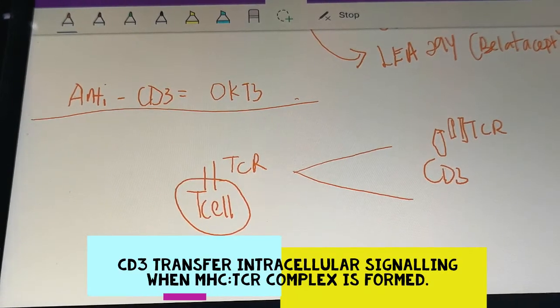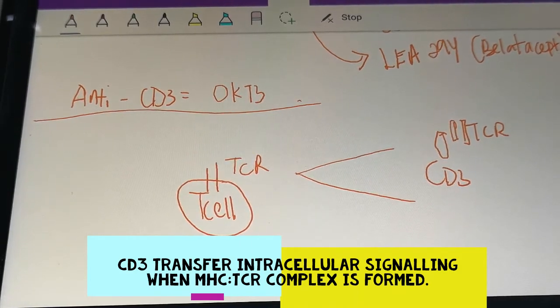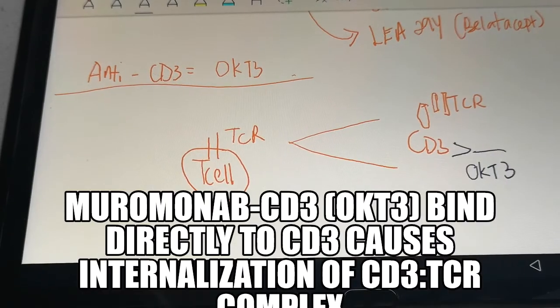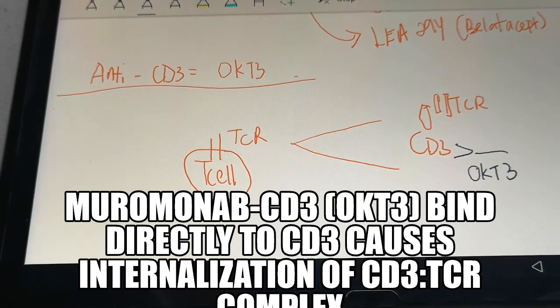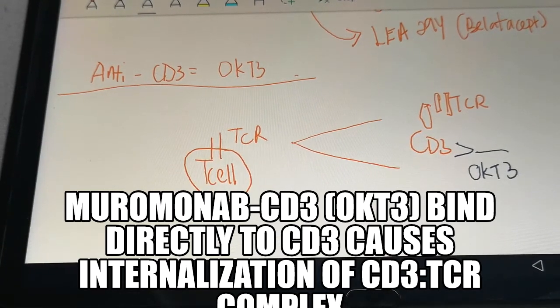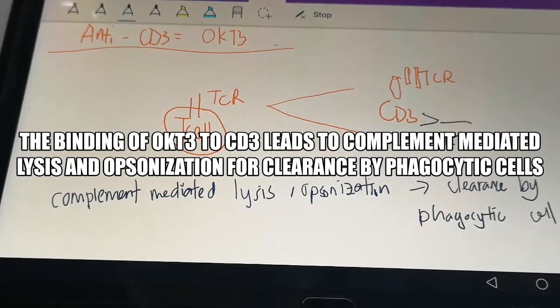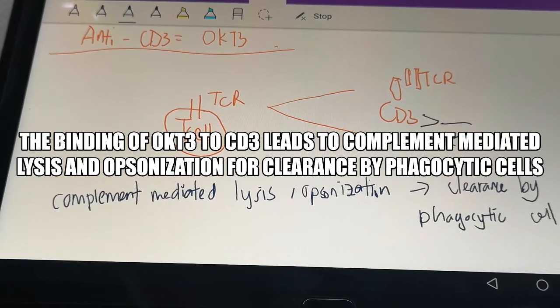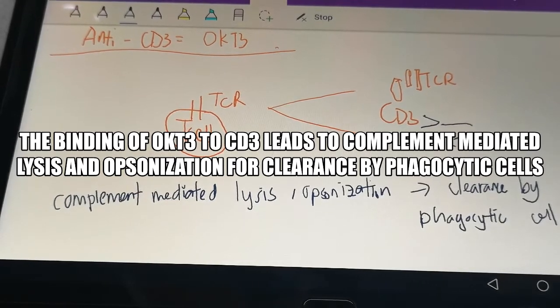CD3 transfers intracellular signaling when the MHC T-cell complex is formed. OKT3 binds directly to the CD3, causing internalization of the CD3 T-cell complex. The binding of OKT3 to the CD3 leads to complement-mediated lysis and opsonization for clearance by phagocytic cells.